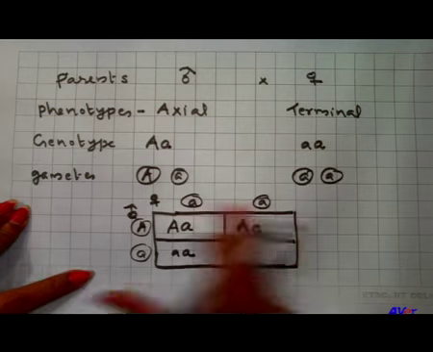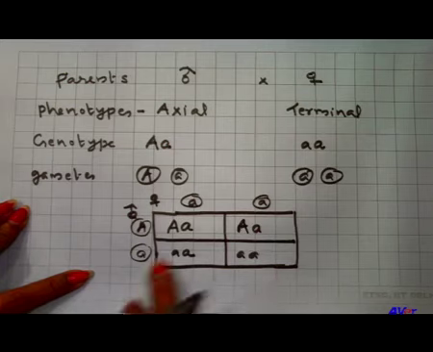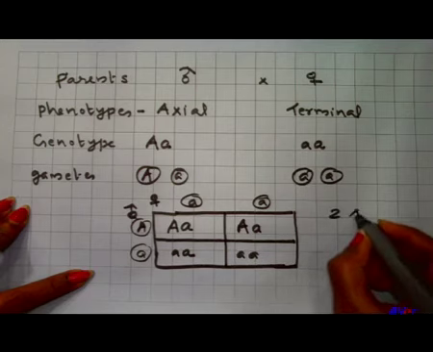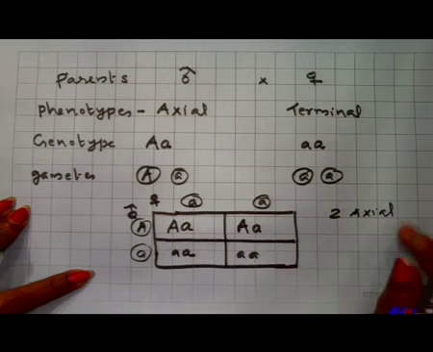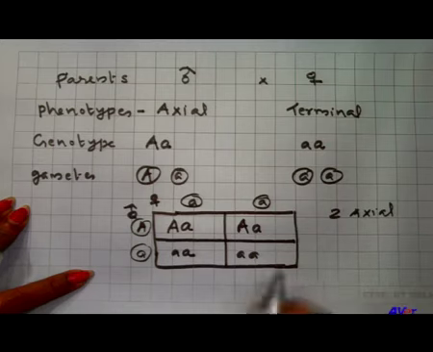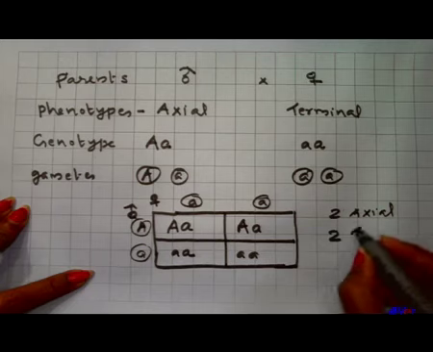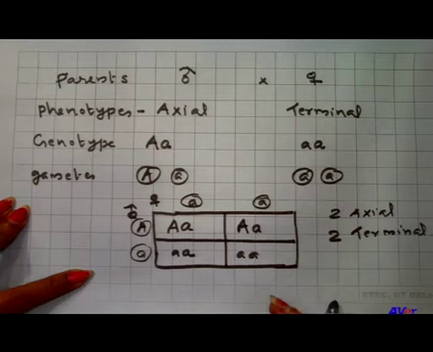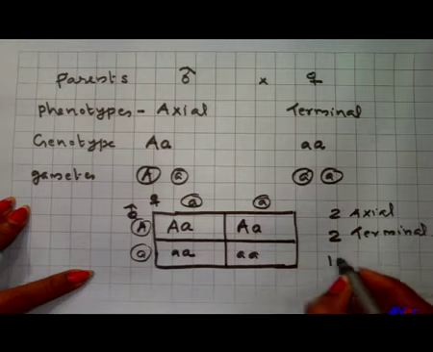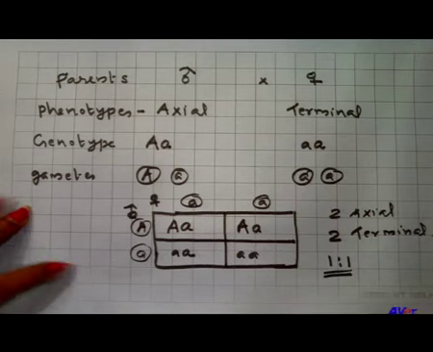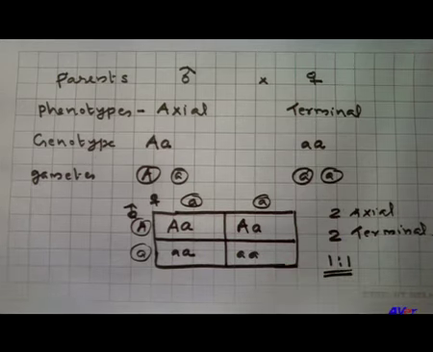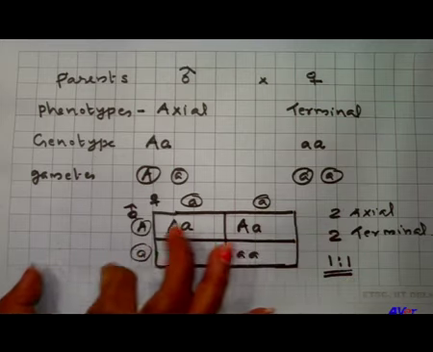Now, analyze the phenotype. Here you can see two individuals are axial, that means producing axial flower, and two are terminal. That means again 1:1 ratio. So, this particular cross is an example of a test cross. So, here comes the full answer of your question.